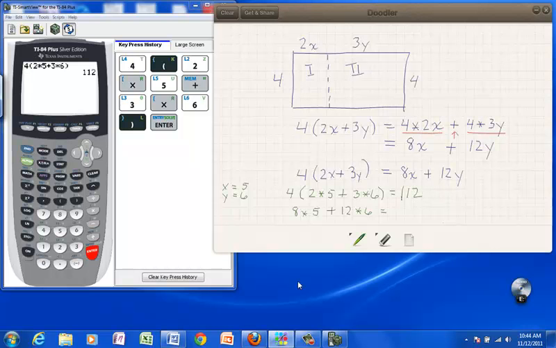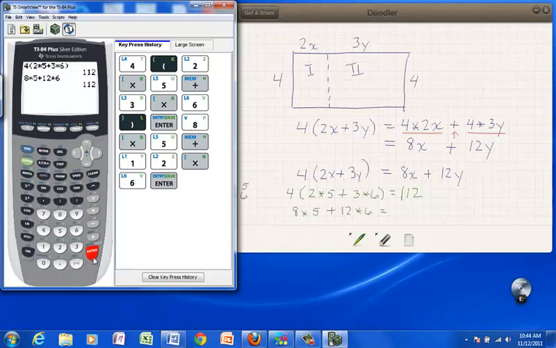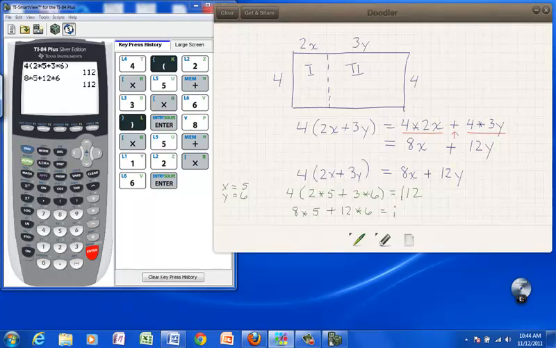We'll try the second expression. In the second expression, I have 112. Because these two are equal, I know that this answer checks.